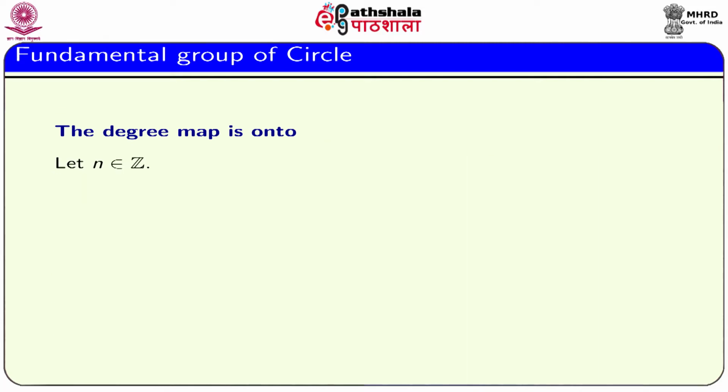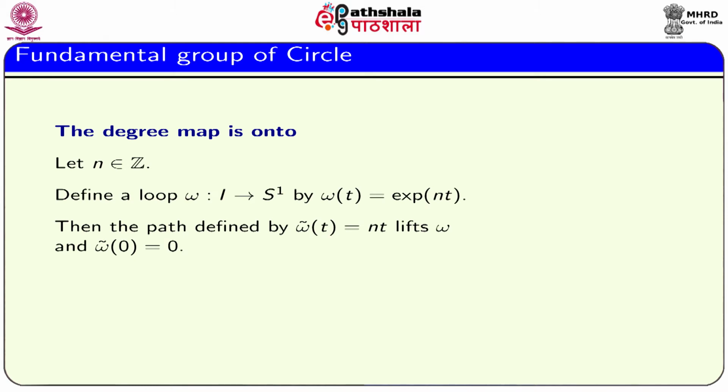We also can show that the degree map is onto. So, we start with any integer n, and we define a loop omega from I to S1 by omega t is equal to exponential of nt. Then the path defined by omega tilde t is equal to nt lifts omega, and omega tilde 0 is 0.